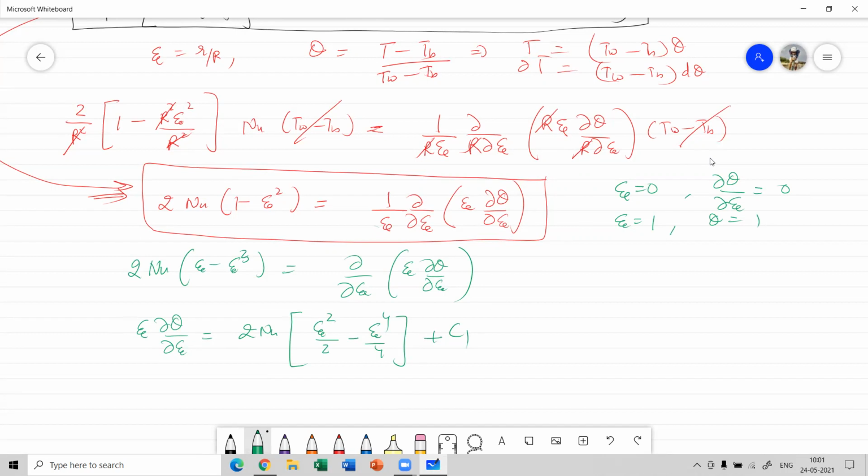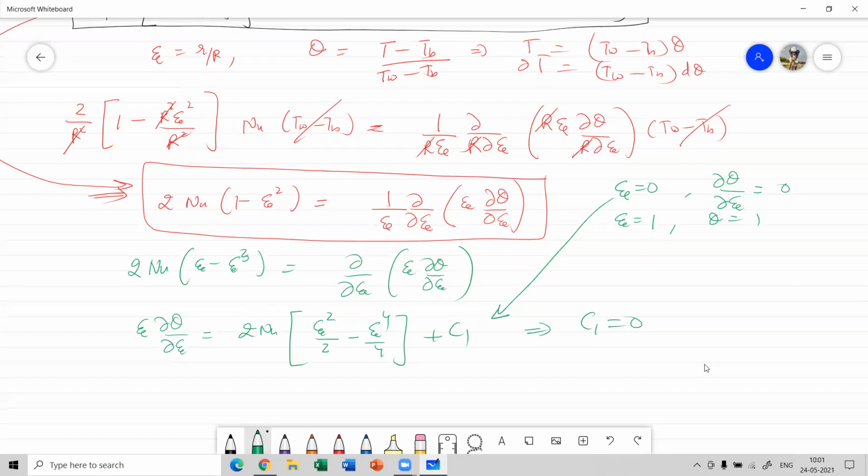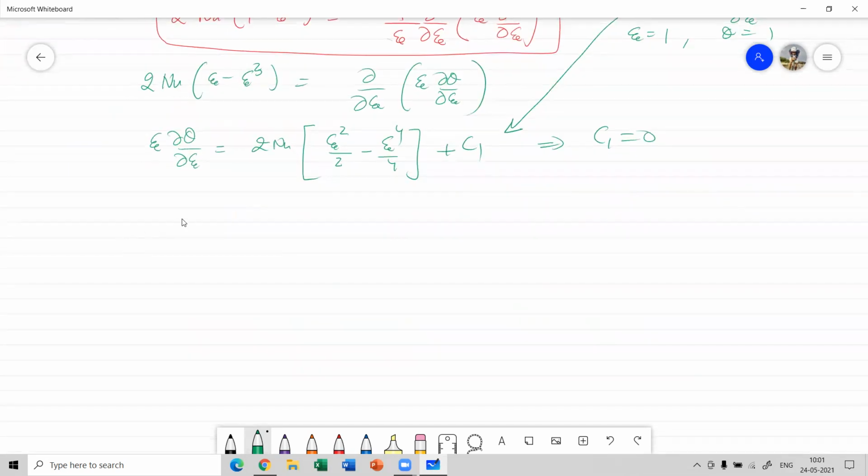If you use your first boundary condition, that at zeta equal to 0, d theta by d zeta is 0, we have C1 is 0. So zeta del theta by del zeta is equal to twice the Nusselt number into zeta square by 2 minus zeta 4 by 4.